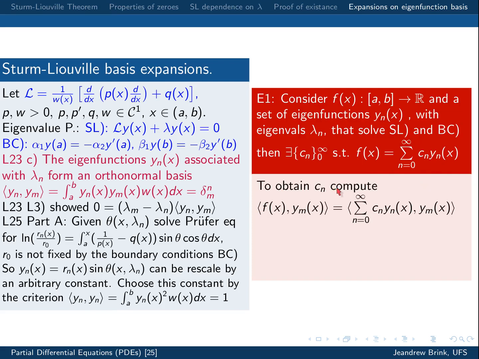Okay, so to compute Cn, let's first compute this inner product. We take f of x, substitute in this expression that we've assumed it can be written as, and take the inner product with ym of x. And what we get is this thing, which once again means we have to put it in this type of inner product.